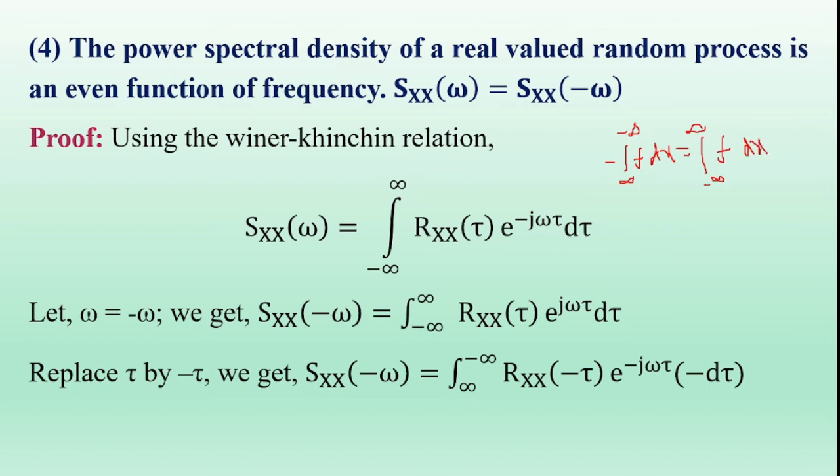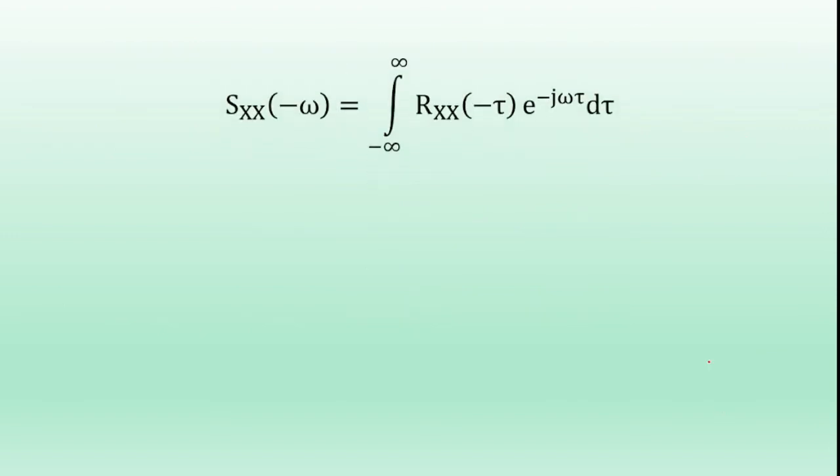So using this expression, minus integral plus infinity to minus infinity function into d tau is written as integral minus infinity to infinity function into d tau.